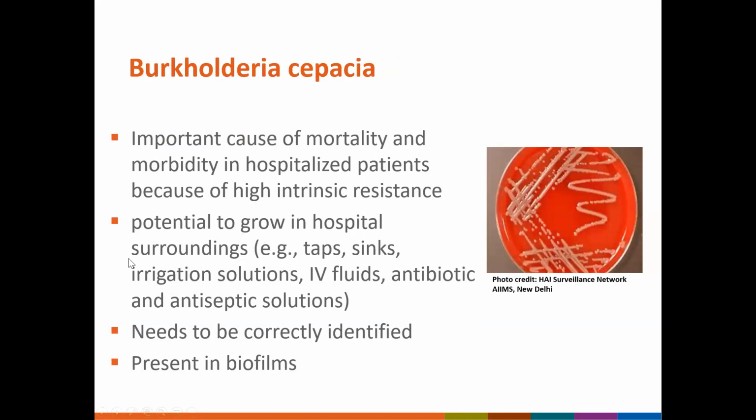They have the potential to grow in hospital surroundings like taps, sinks, irrigation solutions, IV fluids, antibiotics, and antiseptic solutions, and need to be correctly identified. The most important thing is that Burkholderia cepacia will be present in biofilms, and it is very difficult to eradicate them when they form biofilms in water pipes and things like that.